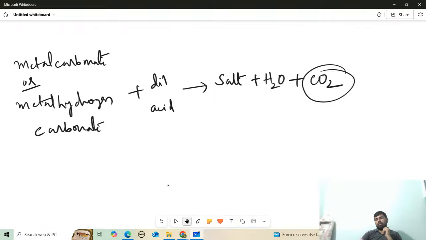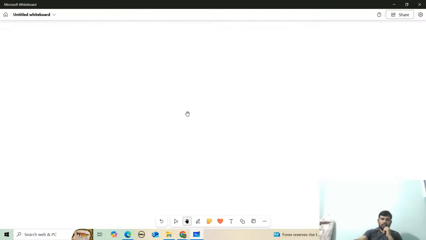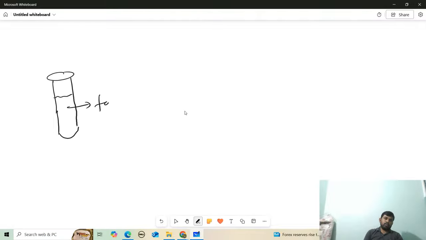First, they are saying to take a test tube. In the test tube they are taking, let's say, 5 ml of NaOH aqueous solution.